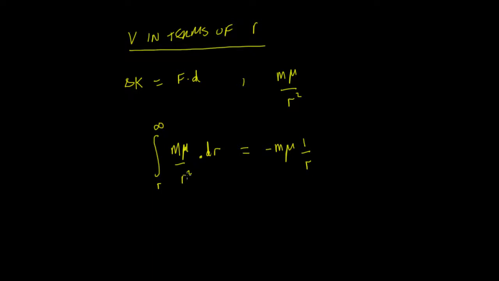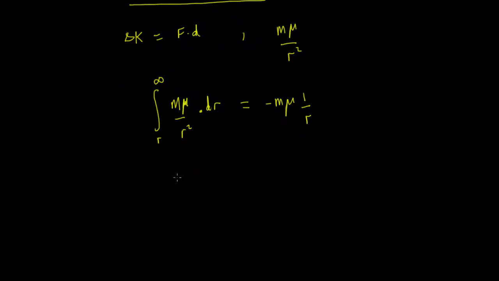So we can then write down that the conservation of energy tells us that our kinetic plus our potential energy is going to be equal to some constant. So that means we can say that our kinetic energy, a half mv squared, plus the value of our potential, which is minus m mu upon r, equals some constant.